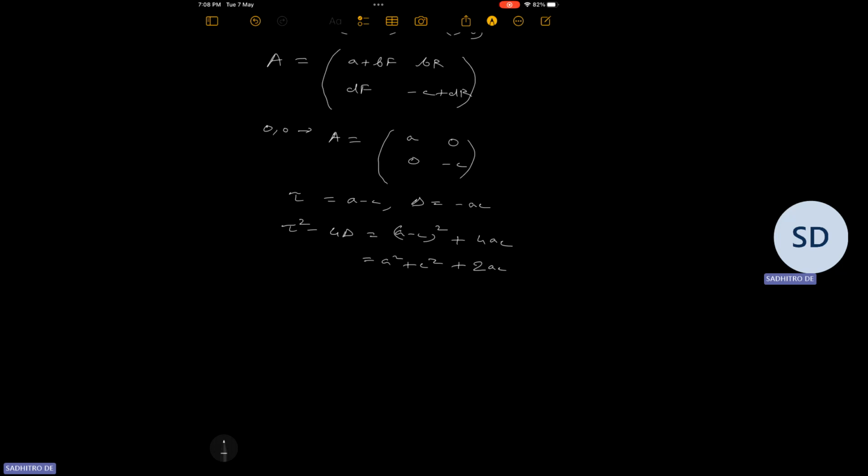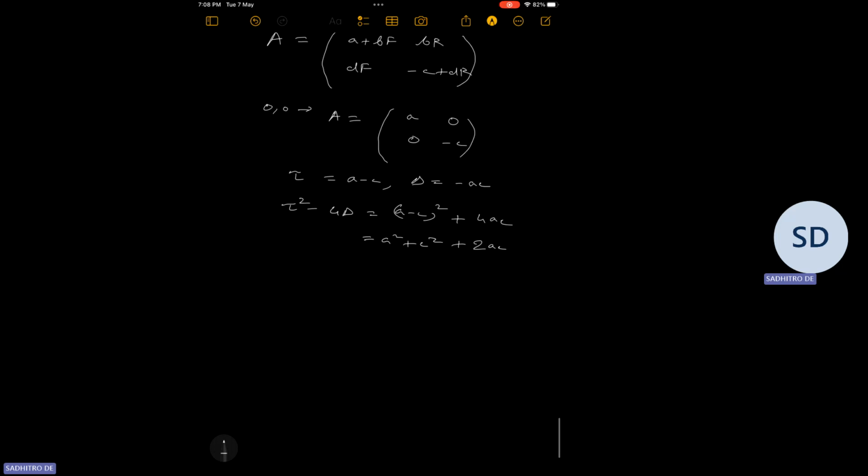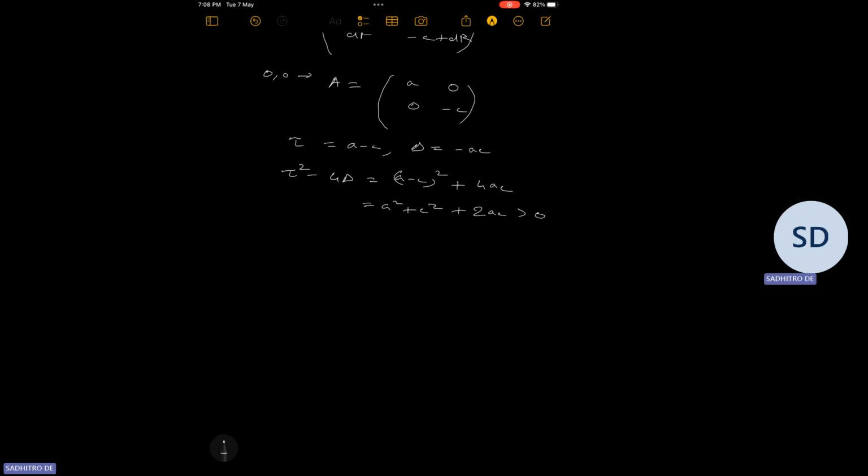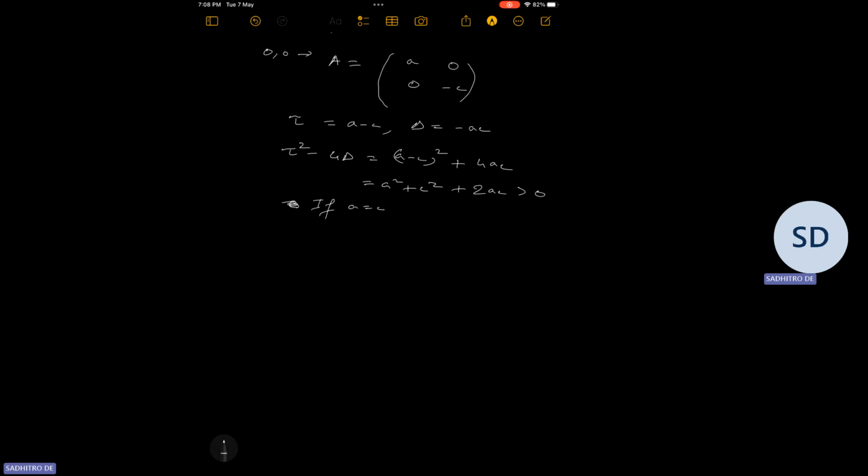Since A and C are both greater than 0, this is always greater than 0. Therefore, the origin cannot be a spiral. Okay. And now if the trace is equal to 0, that means A is equal to C.